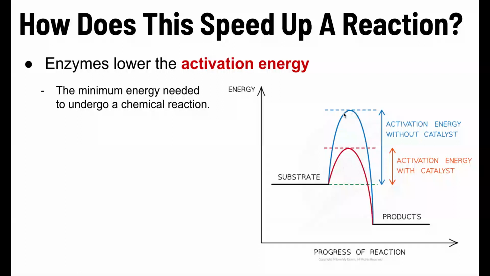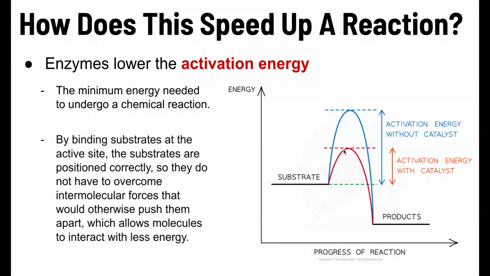And you can see there's kind of a hump, and the hump is how much energy is required to do this reaction, to get it started. But notice the red line shows that the hump is smaller, so it doesn't require as much energy. And that's what I mean when I say enzymes lower the activation energy. Not as much energy is required to undergo the reaction.